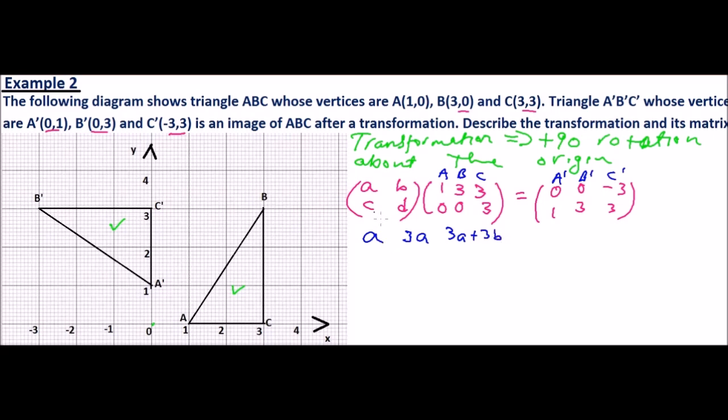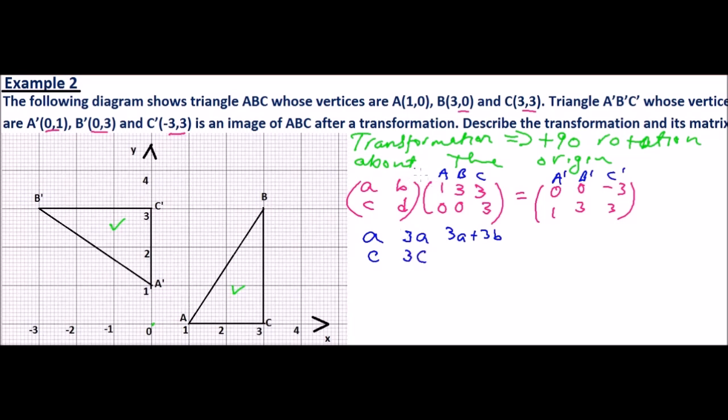We come to the second row, which will be C times 1, that will give us C. D times 0, that is 0. So here we will be left with C. Then we have C times 3, that is 3C. D times 0, that will be 0. So this will have 3C.